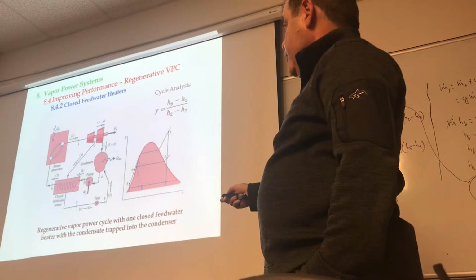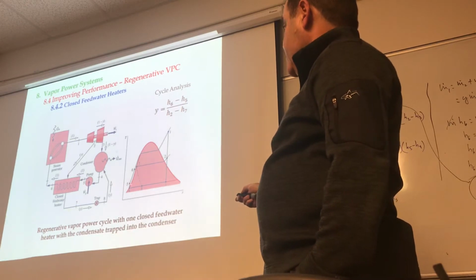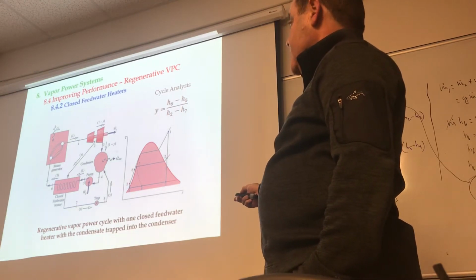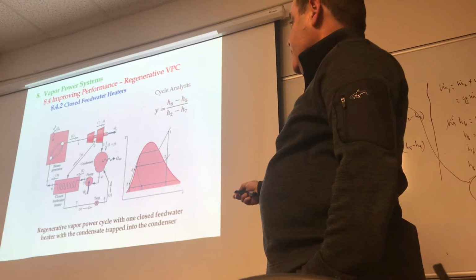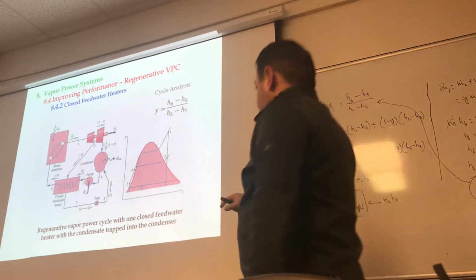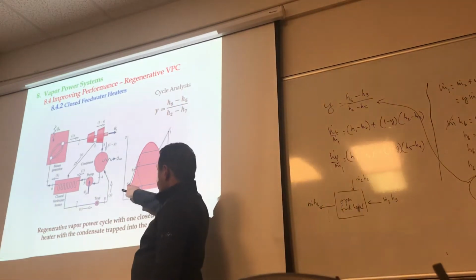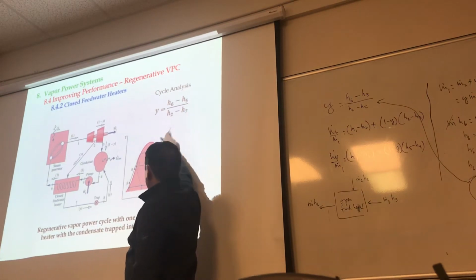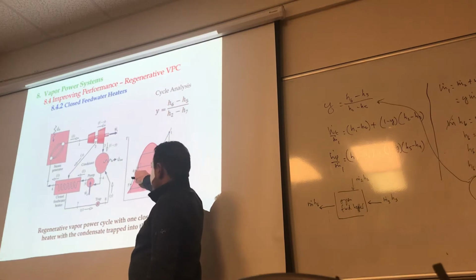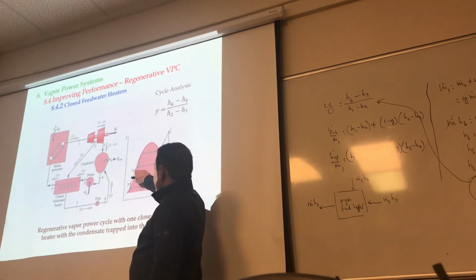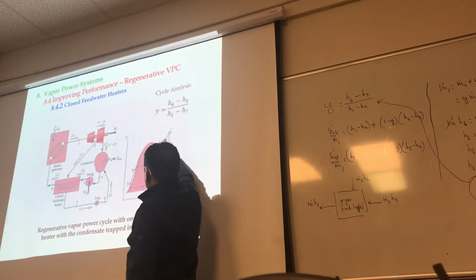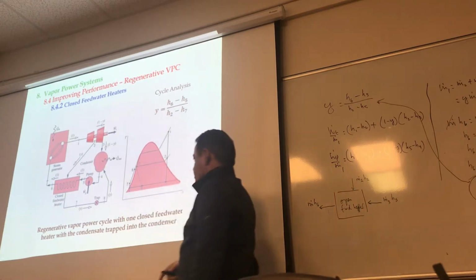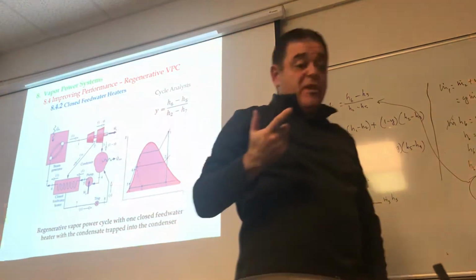You're going from 5 to 6 at constant pressure, you have this extra temperature, because otherwise we would have just ended up here, right? And then temperature of heat addition would be this, but because we added that heat, now my average temperature of heat addition is through here. That means I have extra efficiency or higher efficiency.